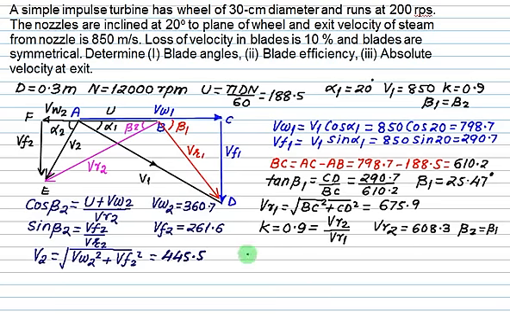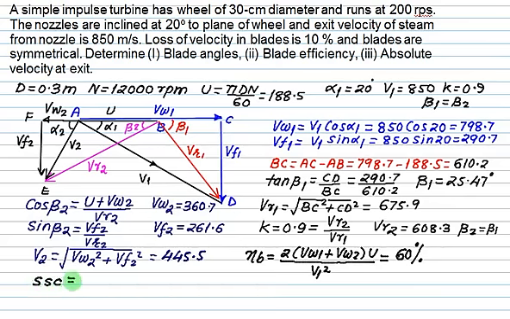Blade efficiency is given by 2 times Vw1 plus Vw2, multiplied by blade velocity U, divided by inlet velocity square. Answers are like this. The blade angles are beta 1 equal to beta 2, 25.47, blade efficiency is 60%, and absolute velocity equals what? 445.5.